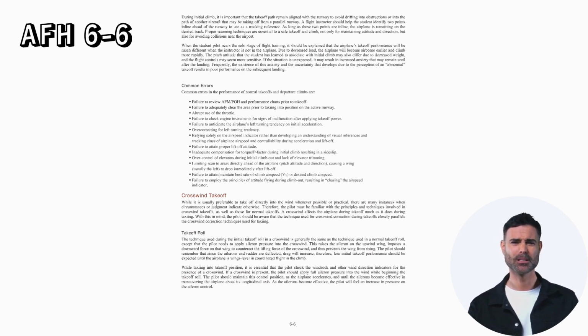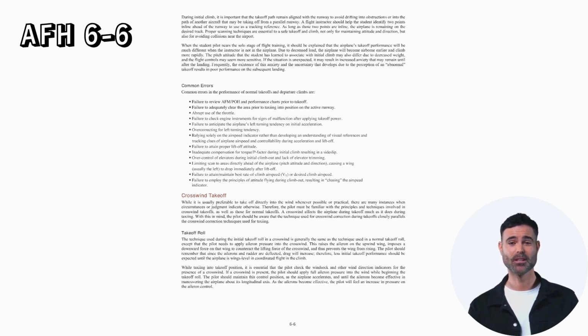When the student pilot nears the solo stage of flight training, it should be explained that the airplane's takeoff performance will be much different when the instructor is not in the airplane. Due to decreased load, the airplane will become airborne earlier and climb more rapidly. The pitch attitude that the student has learned to associate with initial climb may also differ due to decreased weight, and the flight controls may seem more sensitive.